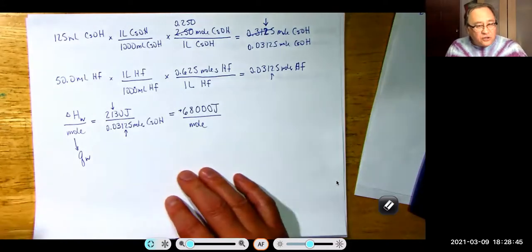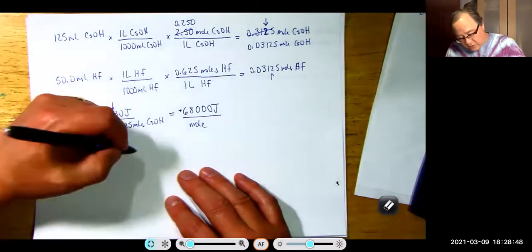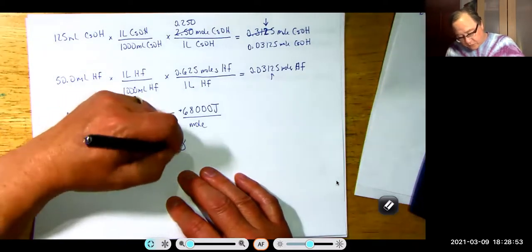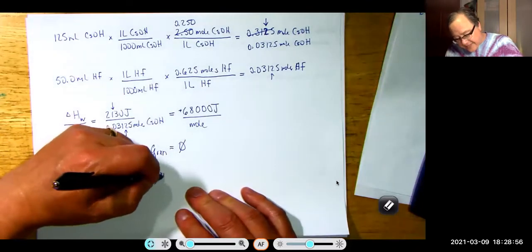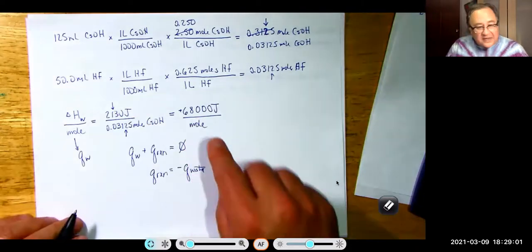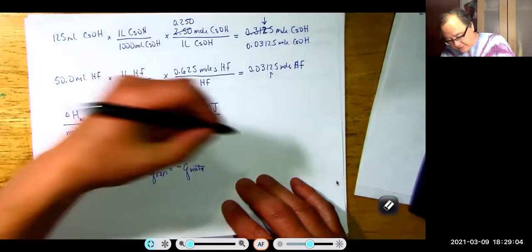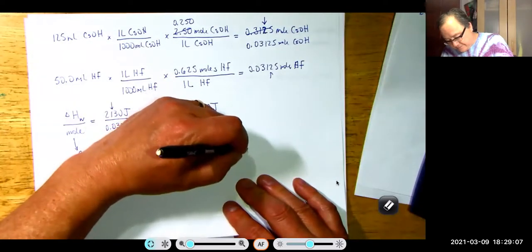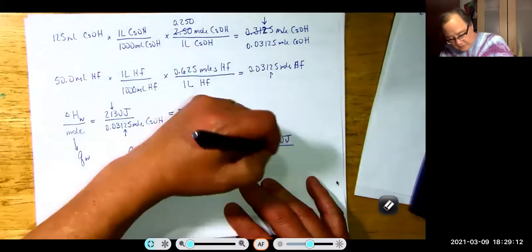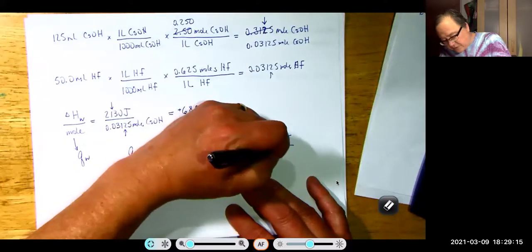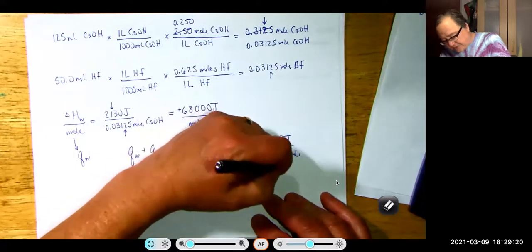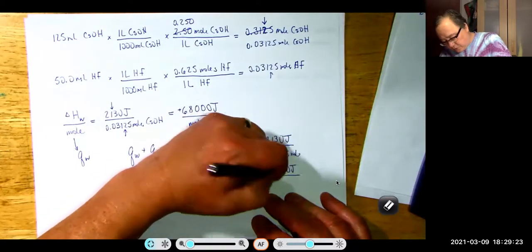How do you get the Q of the reaction? Well, the Q of the water plus the Q of the reaction is equal to 0, which means the Q of the reaction is negative Q of the water. So really, we should have put negative 2,130 joules over 0.03125 moles, which gives you a value of negative 68,000 joules per mole.